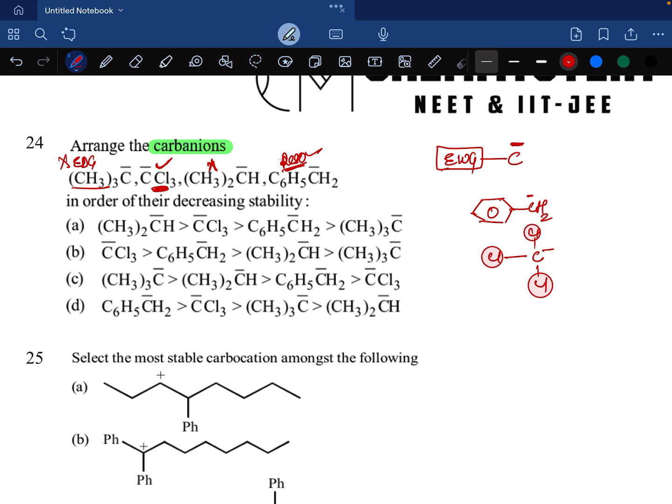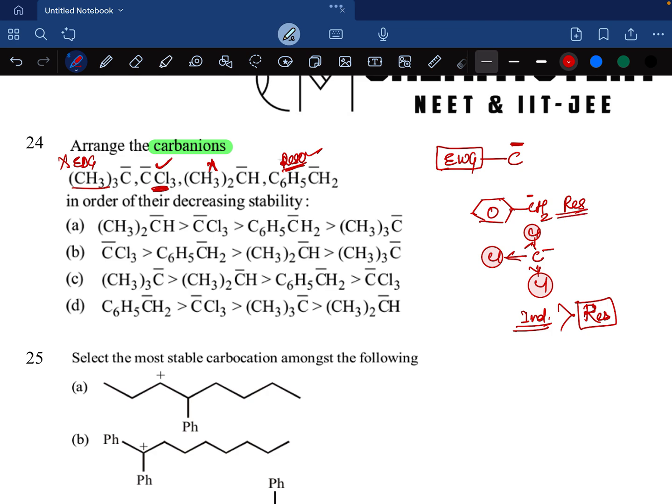Because the number of Cl is more, although here the effect is inductive, but still the number of Cl is more. 3 Cls are there to withdraw the electron density. Inductive effect here overcomes the resonance which is happening in case of the phenyl.